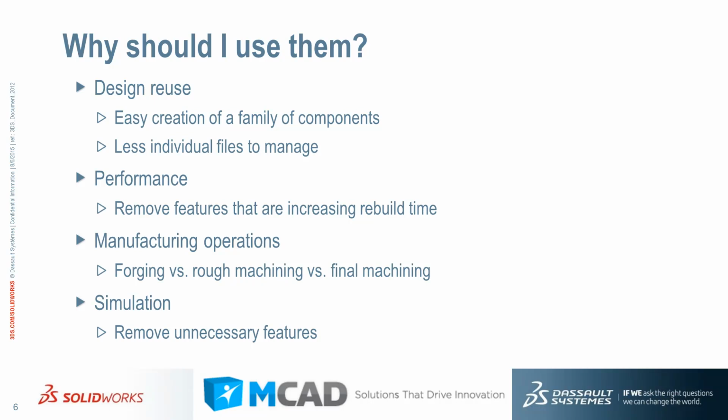There are a lot of different reasons to use them on the simulation side. I'm sure there are many more reasons to use configurations than the four I've listed here. These are just a few I thought of off the top of my head. Now, because we're working with one model file, not everybody can use configurations. If you've got a lot of very unique parts, or everything's a one-off, maybe configurations isn't the best SolidWorks functionality for you.